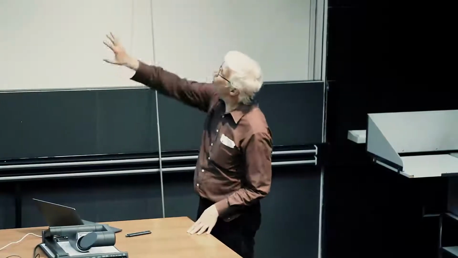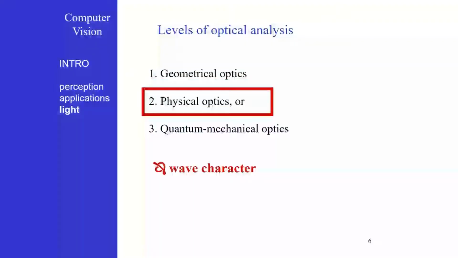And then one could go for the most detailed analysis of light, a quantum mechanical optics approach, but that we won't do. In fact, we go for that second option, physical optics. And at that level, it suffices to look at the wave character of light.